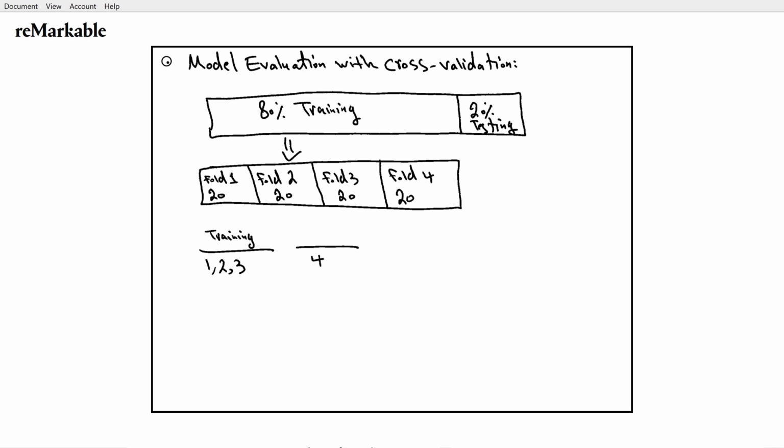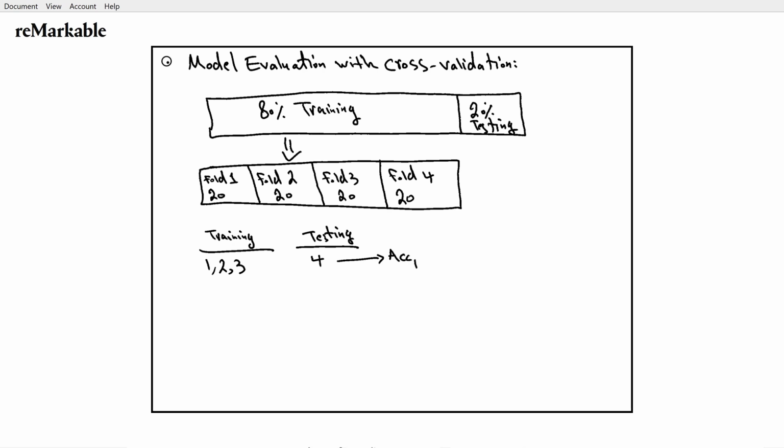So I'm going to use it for testing. And if I do the testing, I can basically produce my performance metric. Let's say I'm measuring accuracy, but it could be any of the 4 metrics that we've talked about: accuracy, precision, recall, F1. So from this, I'm going to compute my first accuracy number.